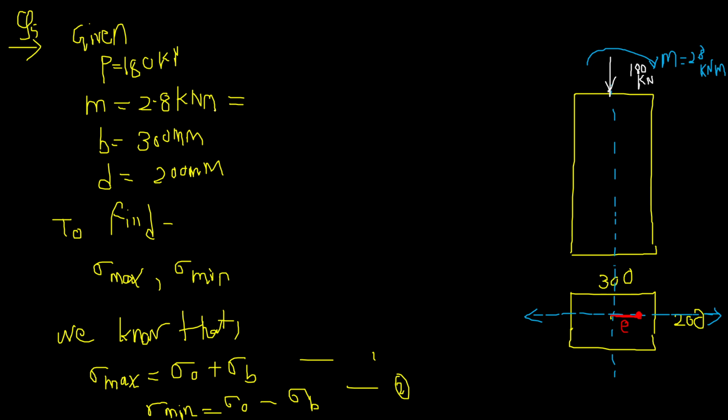So convert this into Newton mm. So 2.8, instead of this kilo, write 10 to the power 3, and 1 meter is equal to 10 to the power 3 mm, 1000 mm. So again it will be 10 to the power 3 Newton mm. So that is 2.8 into 10 to the power 6 Newton mm.